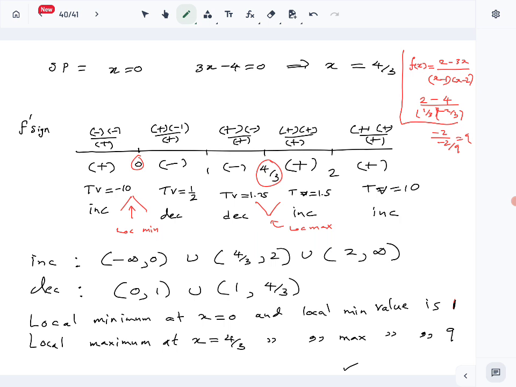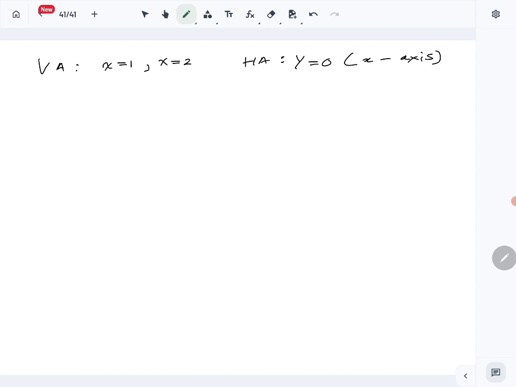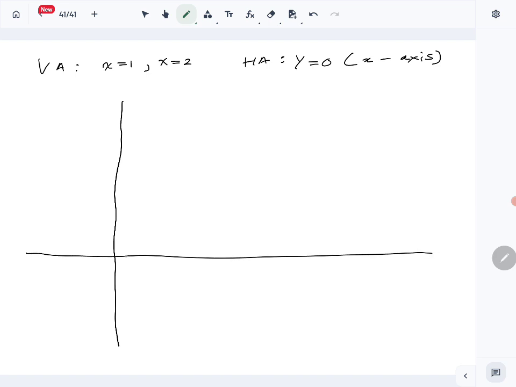So let's mark the points 0, 1, 4/3 and 2 first. So we have 0, 1, 4/3, then 2, right?